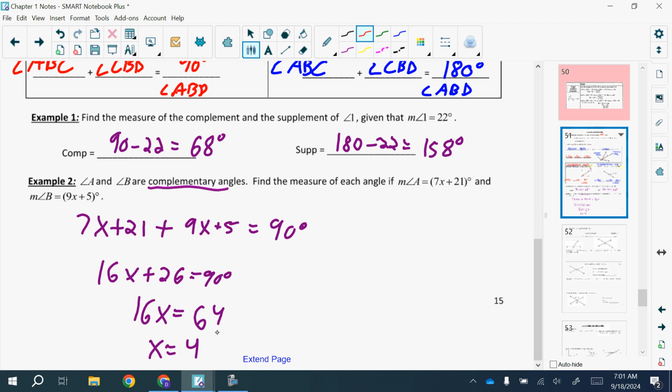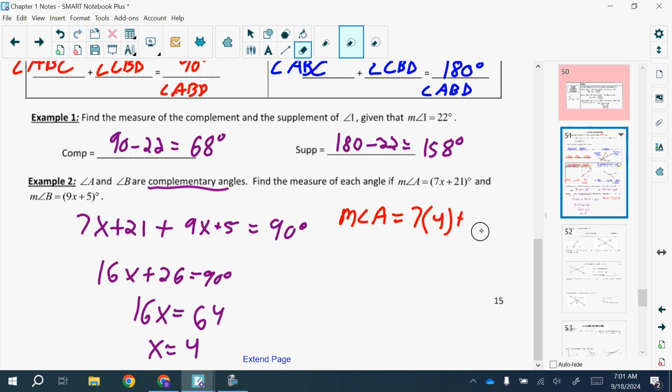And again, it wants you to find the measure of the angles. So just plugging in, measure of angle A is going to be 7 times 4 plus 21. So if you do that, you end up with 49 degrees.